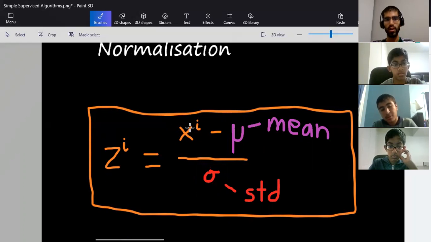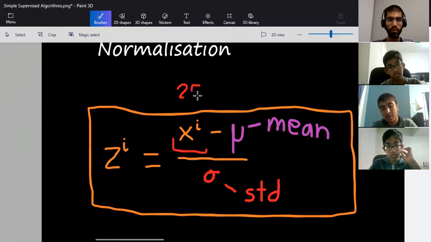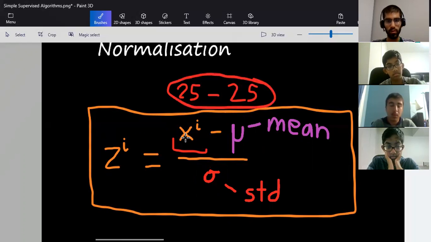If the current example were to actually equal the average, so 25, we're pretending the average is 25, so if the current example is equal to the mean, then this top bit would be equal to 0. 0 divided by whatever is still 0.